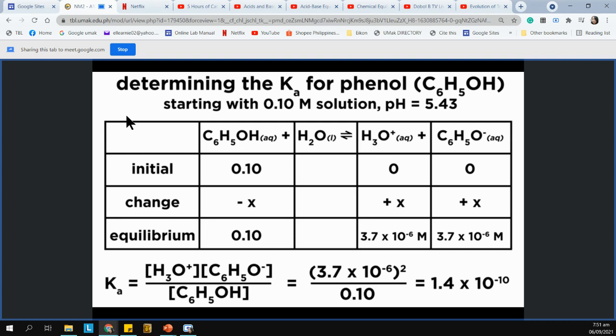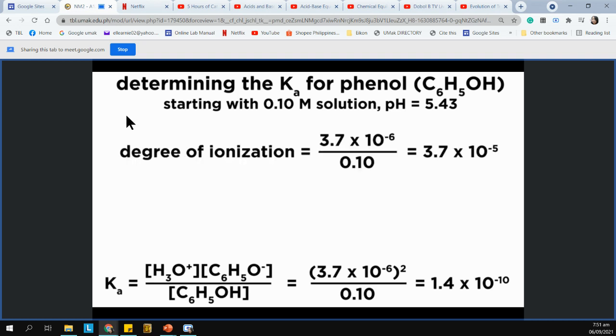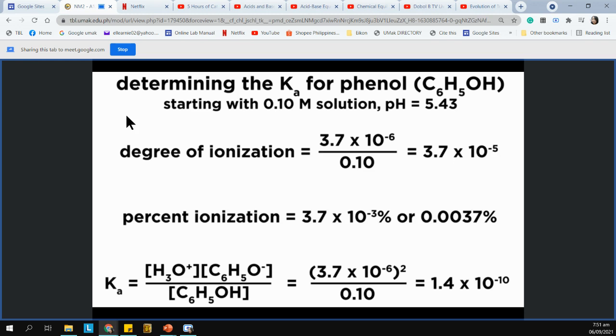From this information, we can also calculate the degree of ionization, which is the ratio of ionized to unionized acid molecules in solution, or the percent ionization, which is the same thing but expressed as a percentage. This is a pretty weak acid, considering so few molecules transferred a proton to a water molecule.